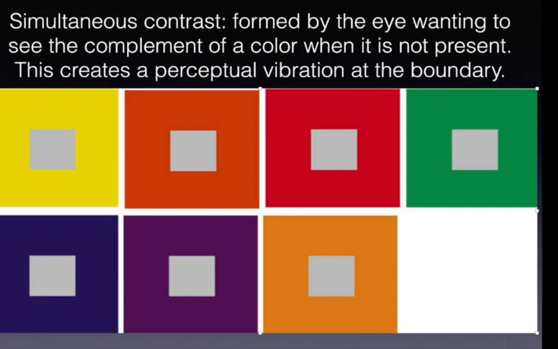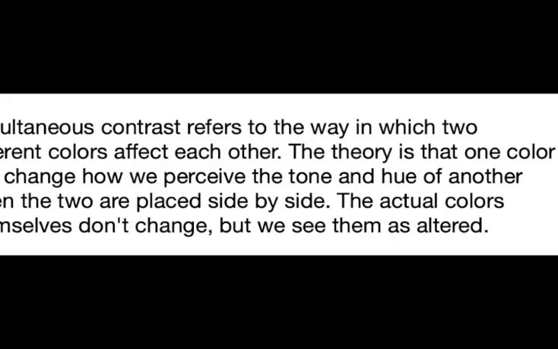So if you stare at one of those colored squares long enough, the gray square in the middle actually takes on the complementary color of the square. So in other words, the gray square inside of the yellow will tend to look purple eventually. So basically, simultaneous contrast just refers to the way in which two colors affect each other. So it's just important for us to get sensitive with how colors affect each other and how we're able to perceive that.